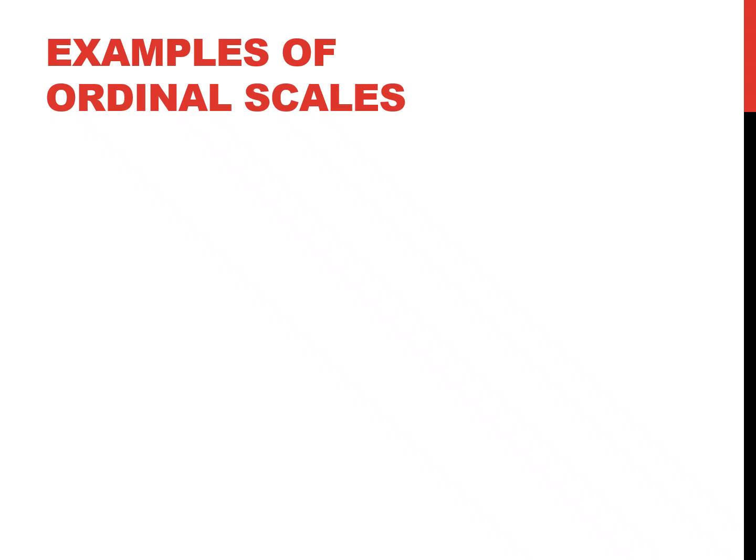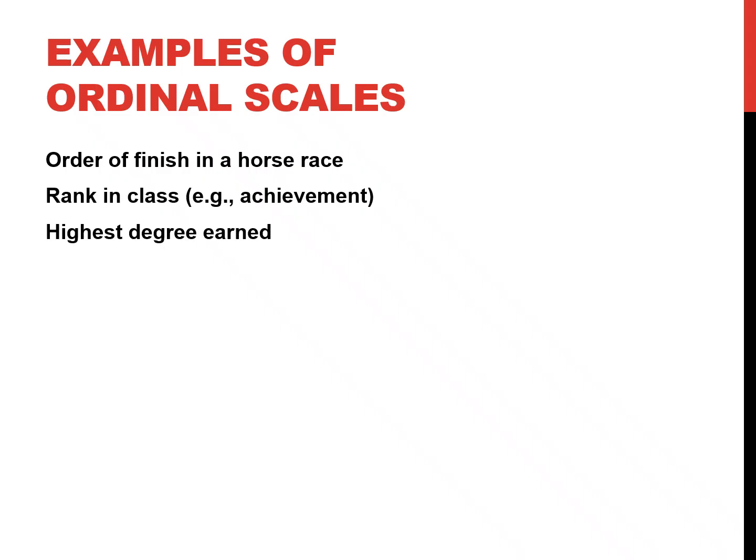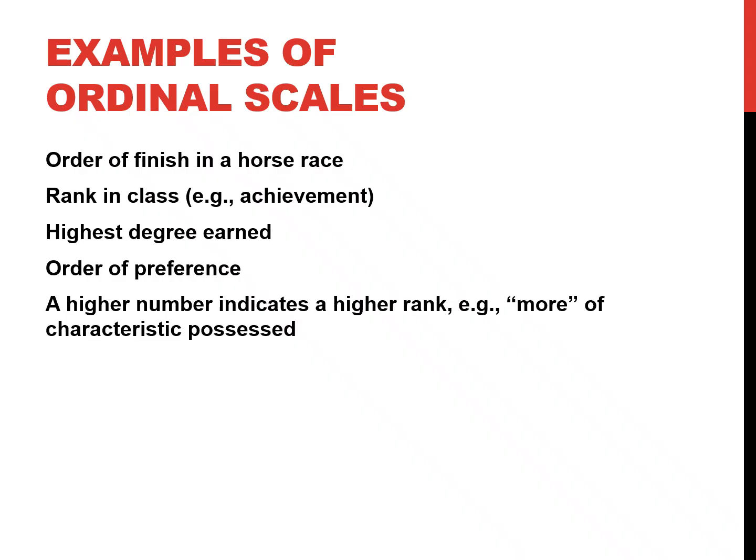Obviously that's beyond the scope of this course. Some examples of ordinal scales, as I've mentioned already: horse race, class achievement, highest degree earned. A PhD is clearly higher than a master's, which is higher than an honours, but is the difference between them equal? Order of preference.